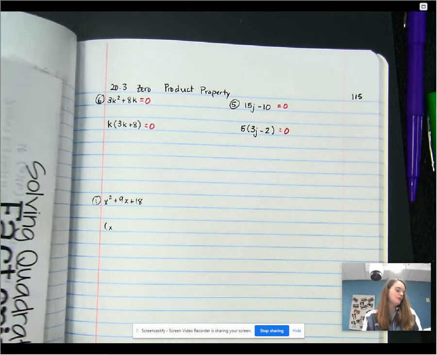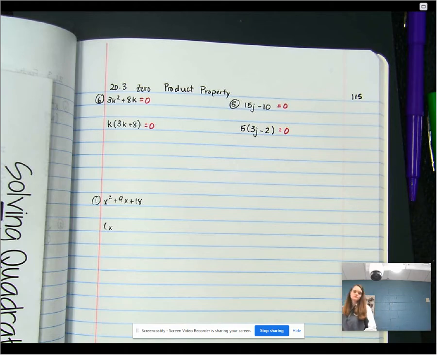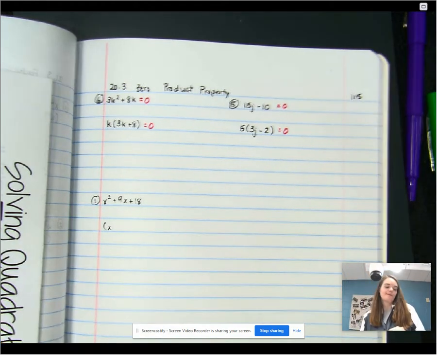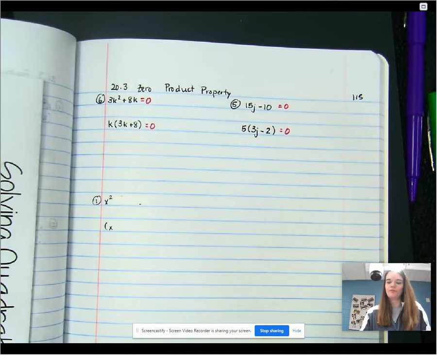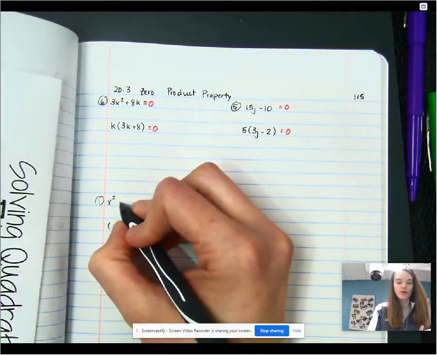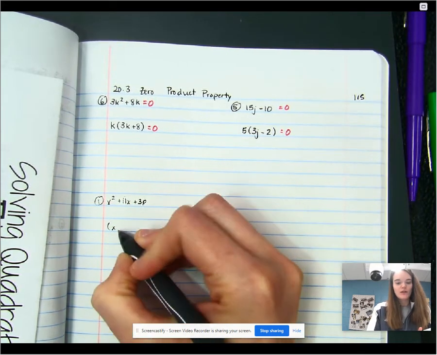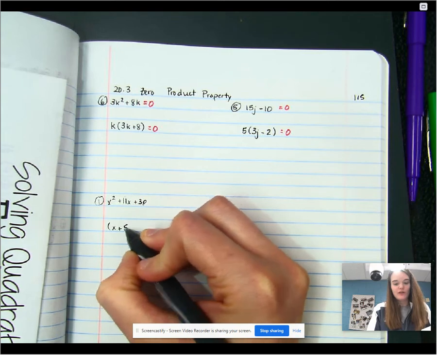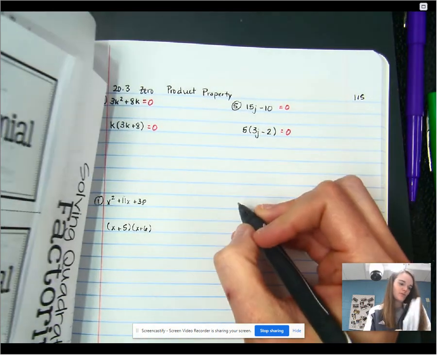I said we were going to do number 1. Let me grab my white out. I copied down the one that was before number 1. So x squared plus 11x plus 30, and we already factored it as x plus 5 and x plus 6. And we'll add the equal 0.